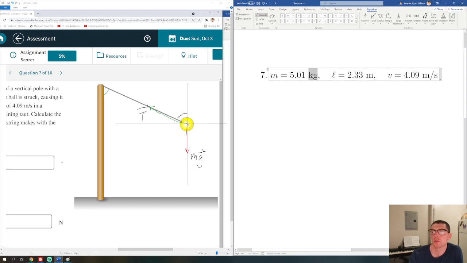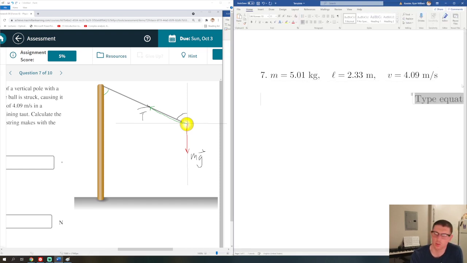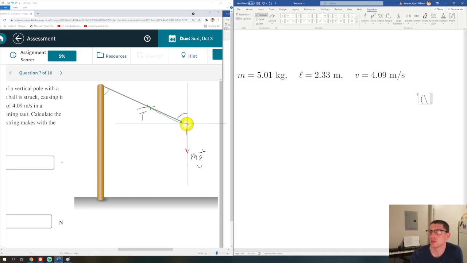Okay, so I will sum the forces in the y direction because that's probably something we're comfortable with at this point. The forces in the y direction will just be the y component of the tension, which is actually going to correspond to cosine of theta in this case. So T cosine theta minus mg, because the gravitational force is already completely aligned in the negative y direction. And we set this equal to 0.